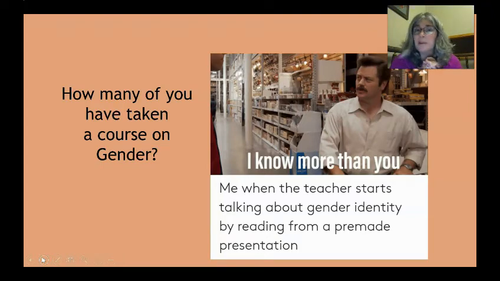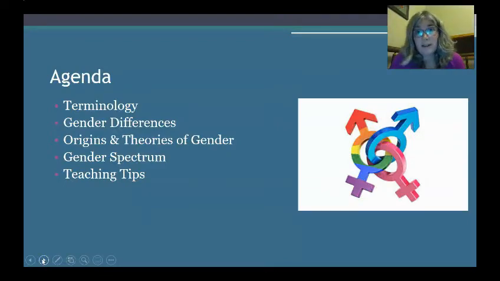So we're not going to be able to delve too deeply in this subject, regardless of how interesting it is. So here's what we are going to look at. Some terminology, some research on known gender differences, some theories out there regarding the origins of gender differences, a little bit about the gender spectrum, as well as teaching tips.